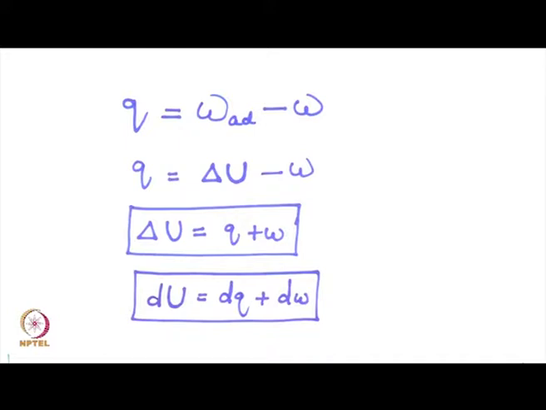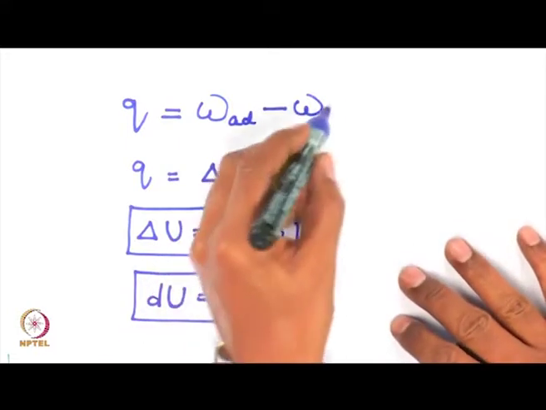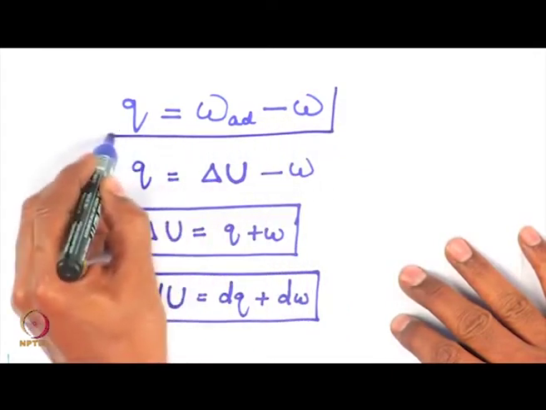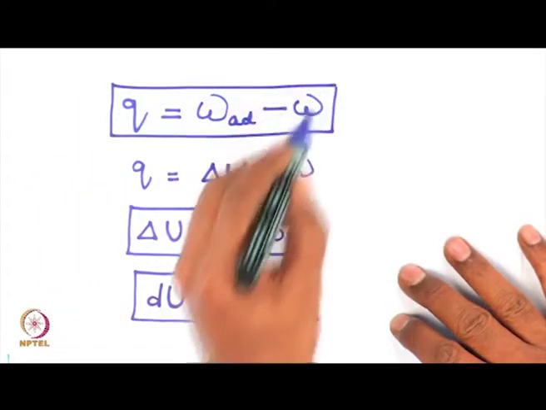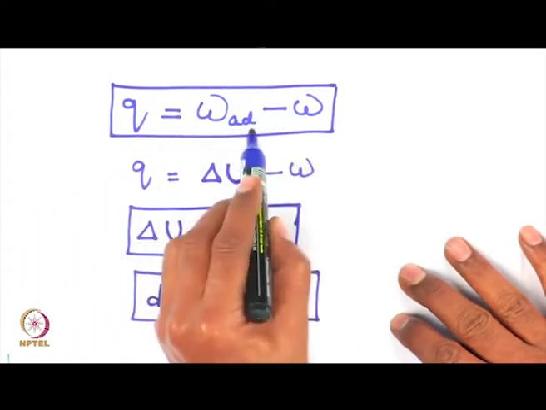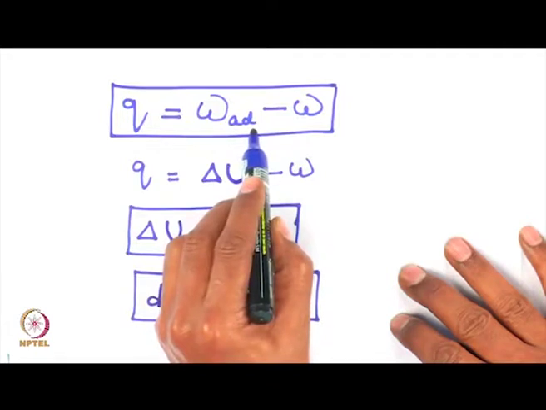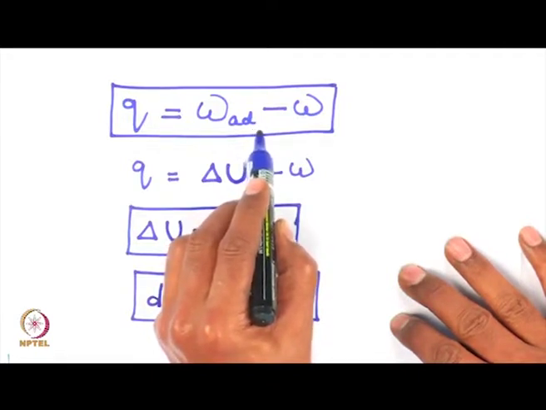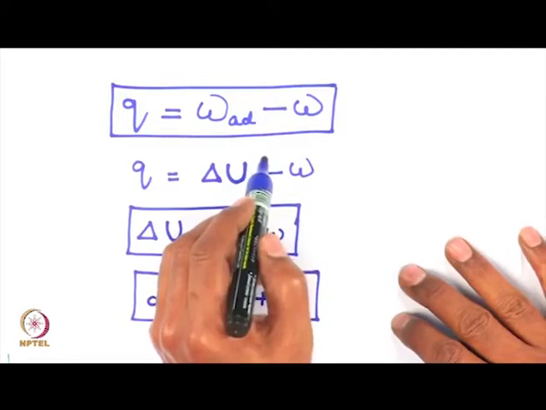But the point to recognize here is this equation, that we have demonstrated that we can express heat exclusively in terms of work. So, therefore, once again I re-emphasize that work is the most fundamental quantity. Both the internal energy, changes in internal energy, and heat can be expressed in terms of work.